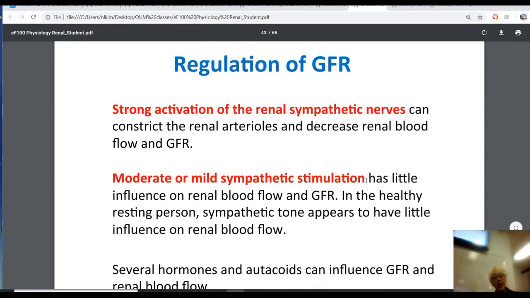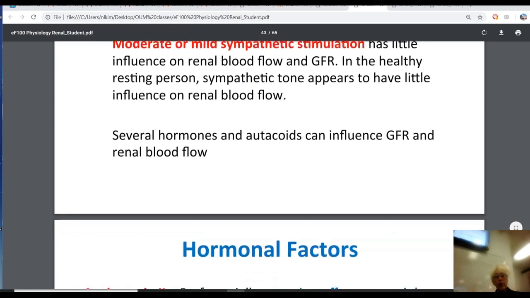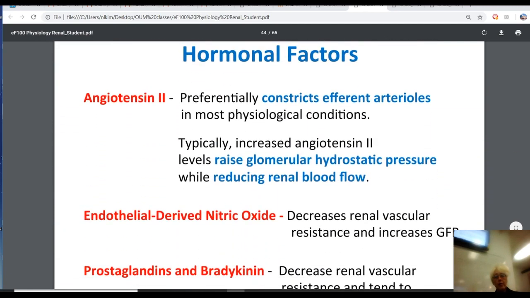Particularly, what are we looking for in the urine? Creatinine, right? Because the kidneys have to get rid of creatinine. Your glomerular filtration rate is regulated by not only your sympathetic nervous system, but also your parasympathetic.